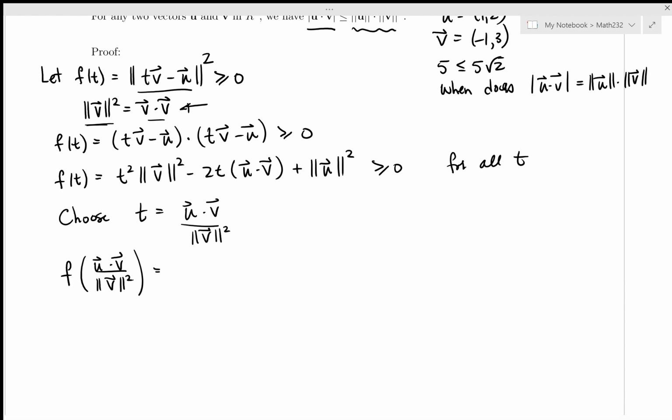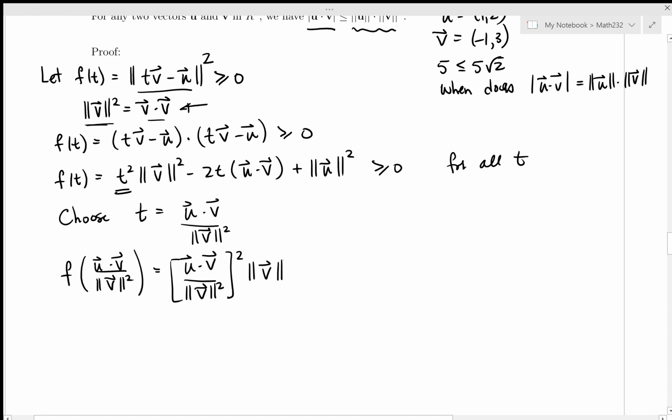I get t squared, where t is my choice, u dot v over the norm of v squared, squared, times the norm of v squared, minus 2 times t, which is u dot v divided by the norm of v squared, multiplied by u dot v, and then I add the norm of u squared.